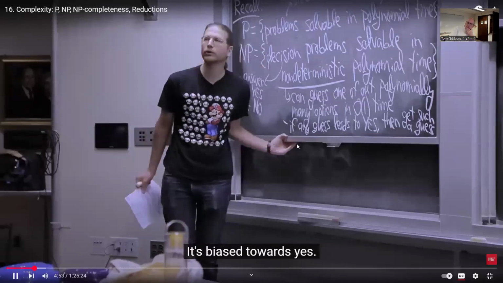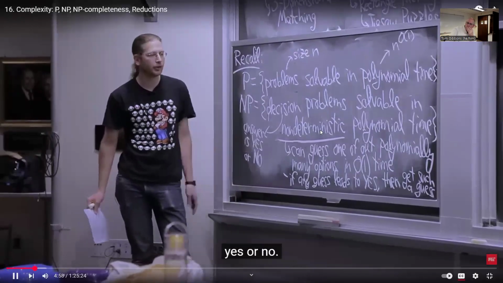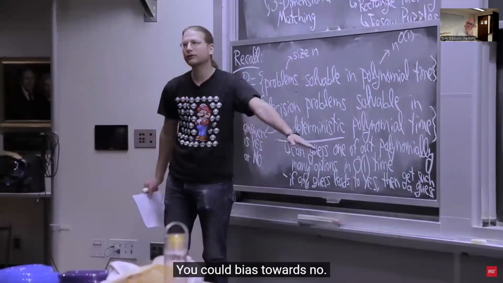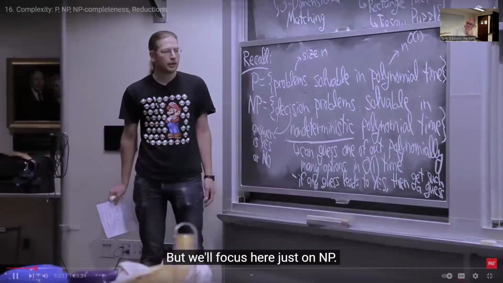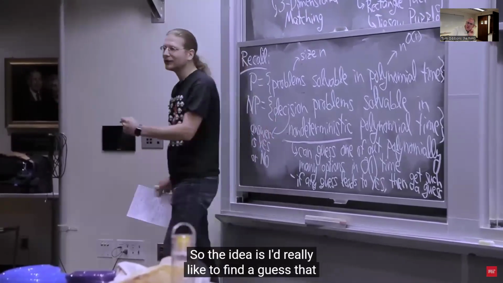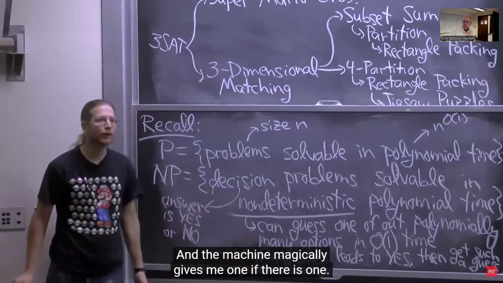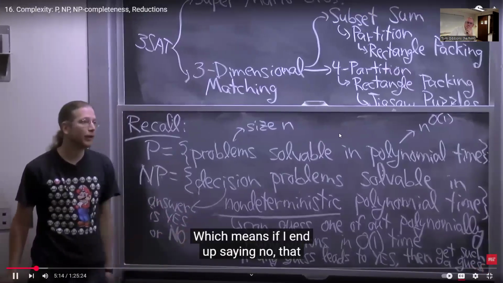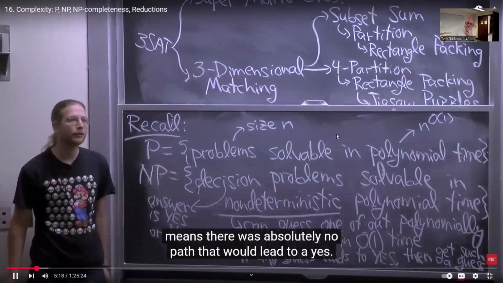The metric is biased towards yes, and this is why we can only think about decision problems, yes or no. You can bias towards no, you get something else called co-NP, but we'll focus here just on NP. So the idea is, I'd really like to find a guess that leads to a yes answer, and the machine magically gives me one, if there is one. Which means if I end up saying no, that means there was absolutely no path that would lead to a yes.